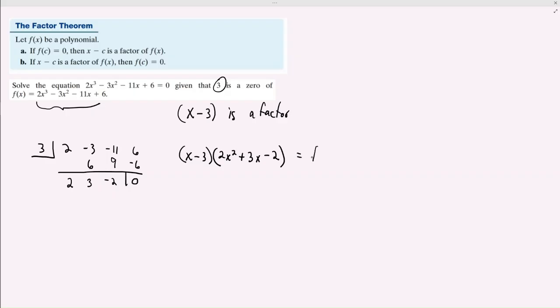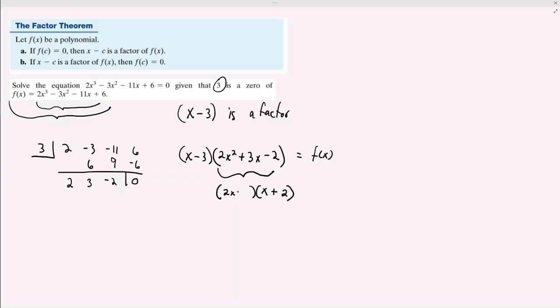Okay, so this is another way of looking at f of x up here that they've given us, with the x minus 3 factored out, and that whittles that rest of f of x down to 2x squared plus 3x minus 2. And so let's factor this. And we'll probably want to put a 2 here to get 4.